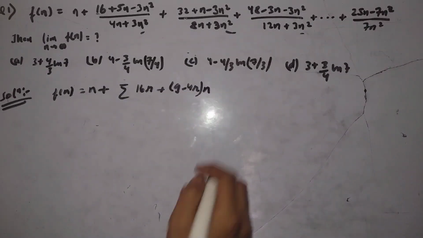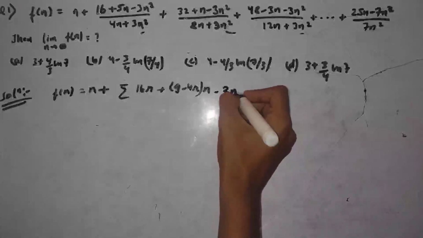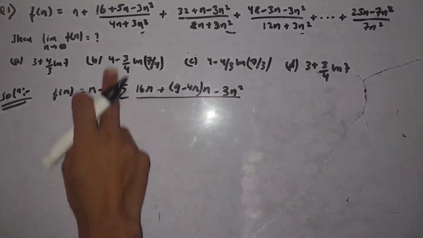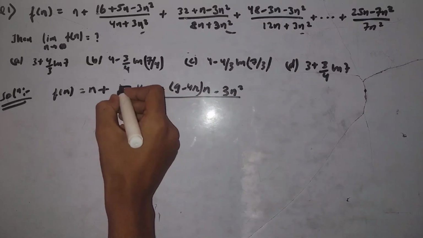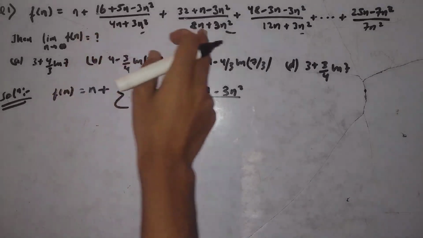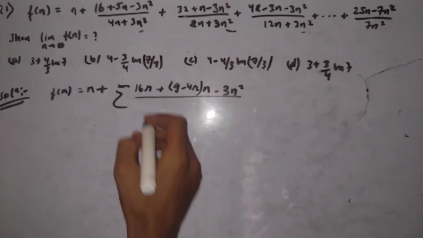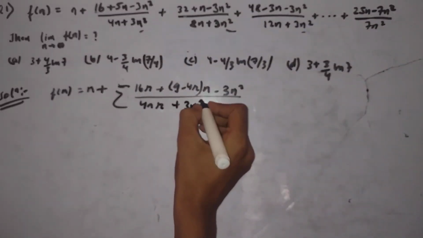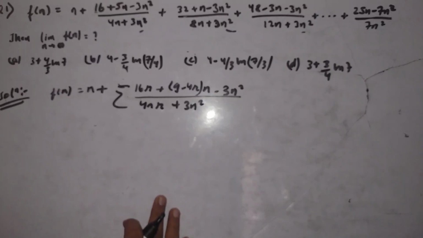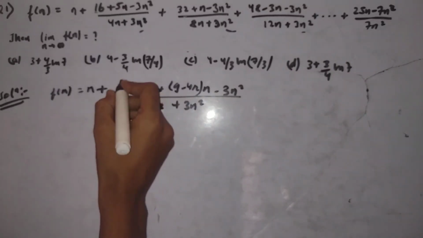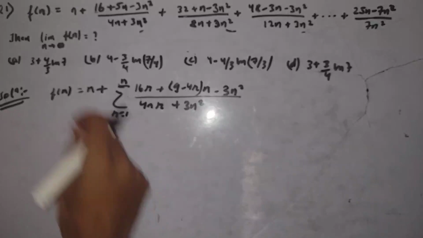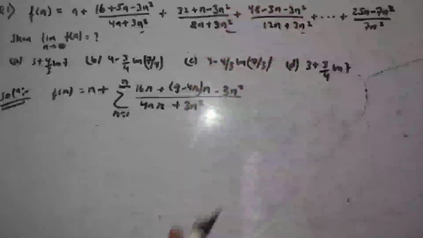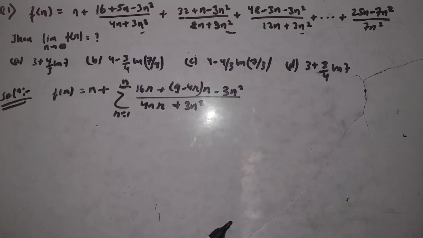And 3n square is common everywhere, so this is minus 3n square. In the denominator we can see 4n, 8n and 12n are multiples of 4n, so we can write 4n into r, and this 3n square is common in all, so r from 1 to n. You put r equals 1, you get this term, you put r equals 2, you get this term, you put r equals 3, you get this term. So that's how we can write this.